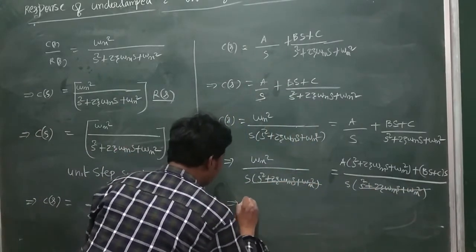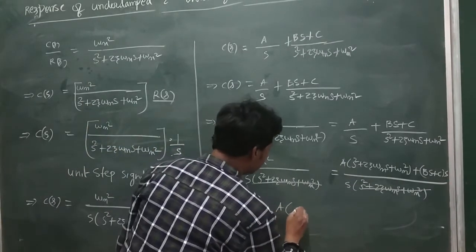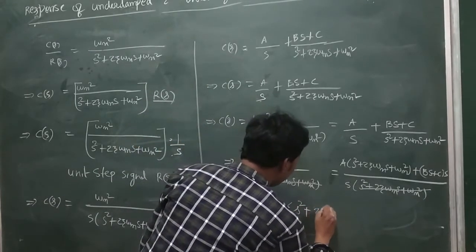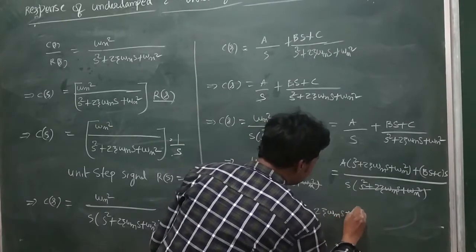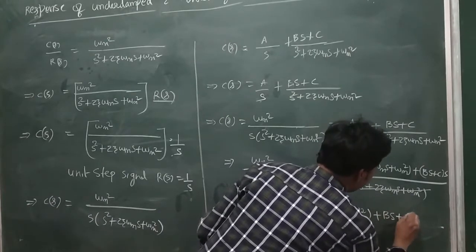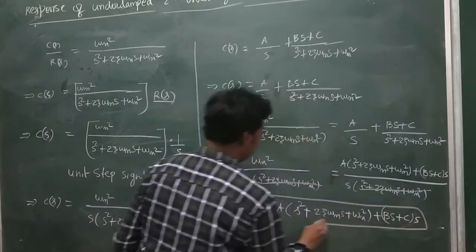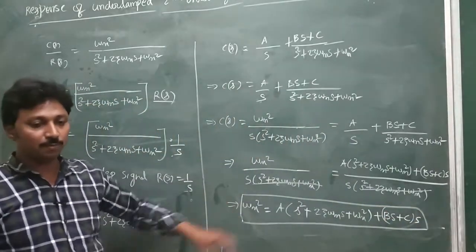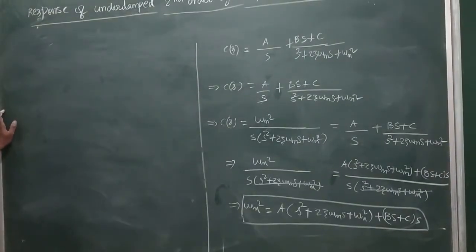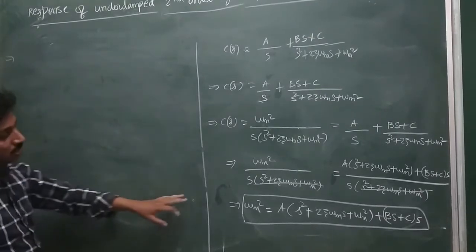Now omega n square is equal to A into s square plus 2 zeta omega n s plus omega n square, plus Bs plus C into s. So this is the important equation. From this equation only we are going to find the A, B, C values.